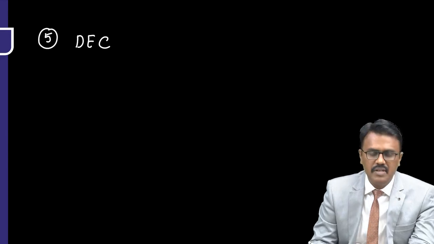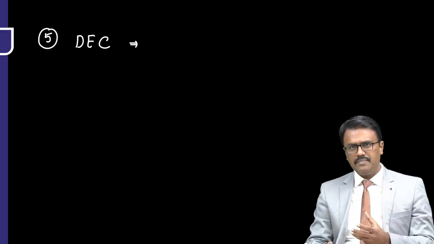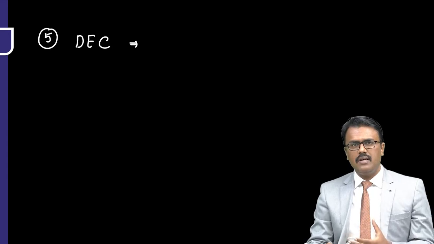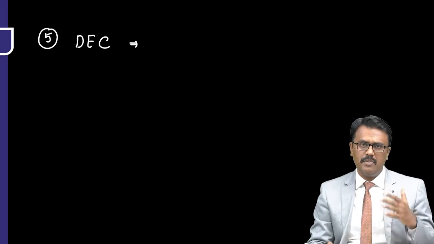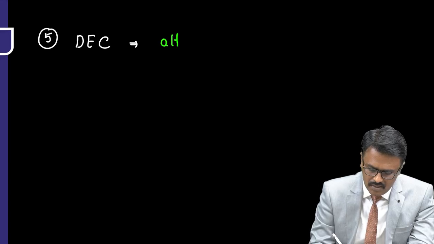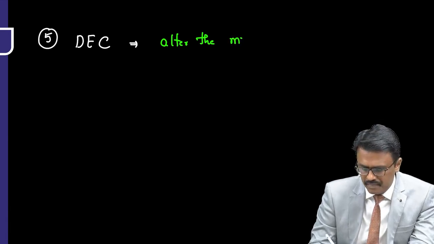Now, the fifth drug is DEC. I told you the full form of DEC is diethylcarbamazine. Now, what is the mechanism of action? When the microfilaria are sitting inside the limbs, our immunity is not able to kill them because they have that protection from immunity. What happens when we give DEC? The mechanism proposed is they alter the microfilarial membrane.